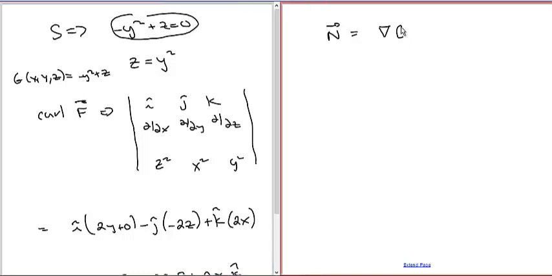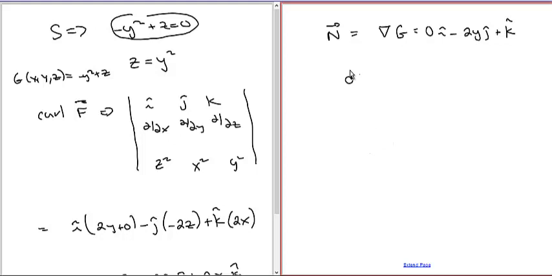And to take the gradient of G, you take the partial with respect to x, which is 0, so you get 0i. Then you take the partial with respect to y, which is negative 2y. So this becomes negative 2y times j, and the partial with respect to z is 1, so you get 1k.